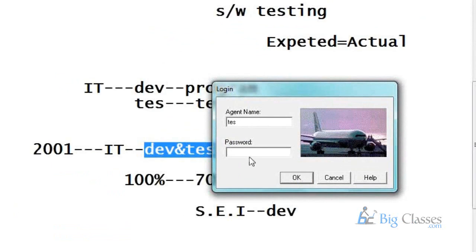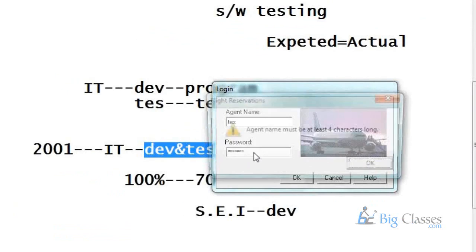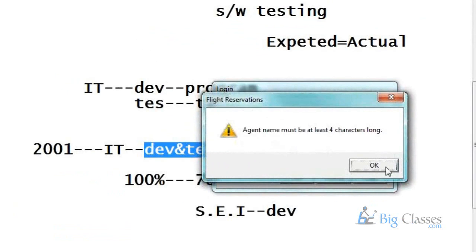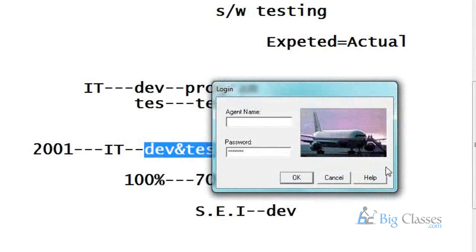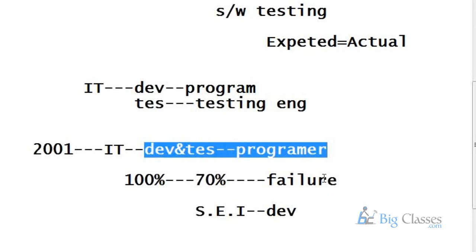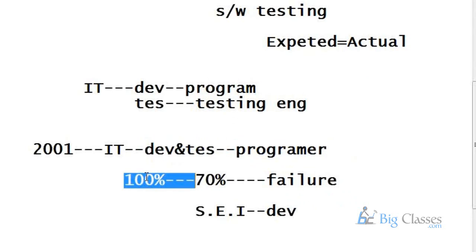Checking the application with invalid inputs is called negative testing. Programmers before 2001 were conducting only positive testing, there was no negative testing. But as test engineers we need to conduct both positive and negative testing. Understand? Before 2001 in the IT sector, out of 100% of projects, 70% failed.